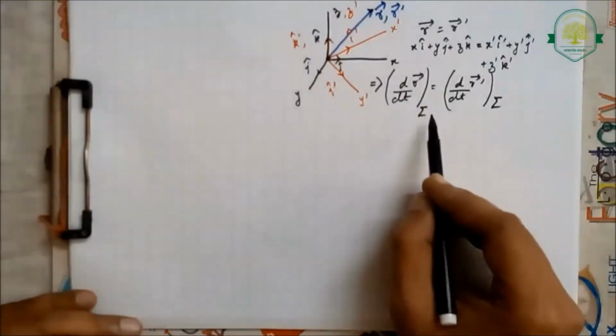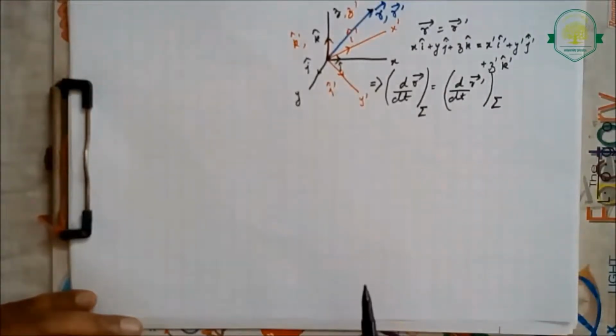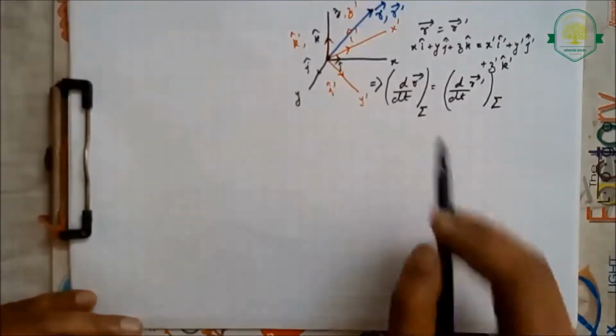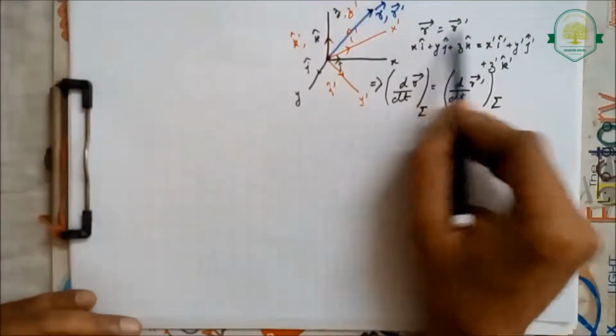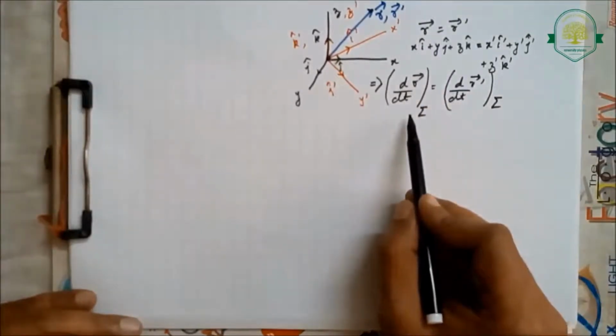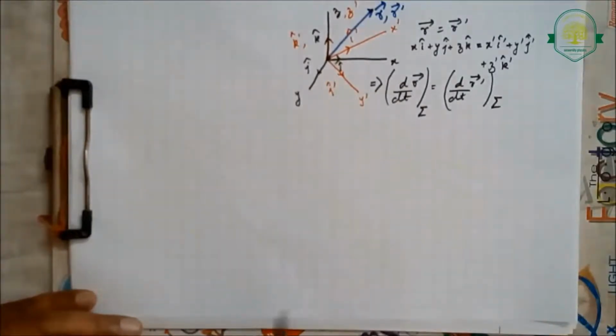We could have also done the same from the sigma primed frame, that is from the rotating frame of reference, but for now we are differentiating this equation with respect to time as seen from the non-rotating frame of reference, which we are calling the sigma frame of reference.